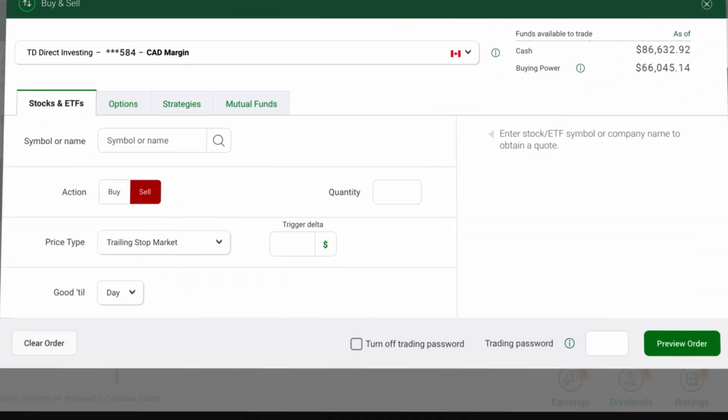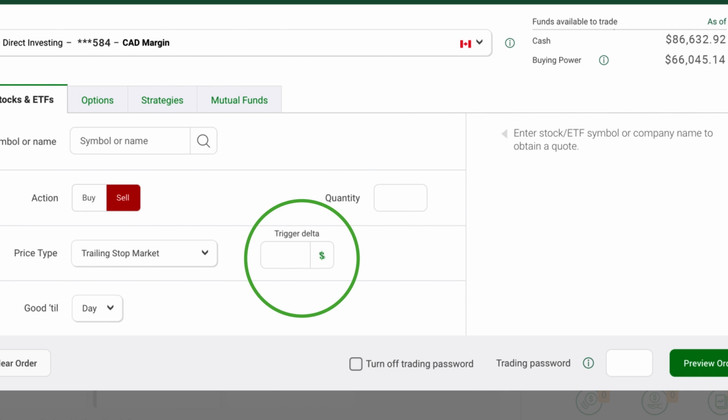In WebBroker, you may enter a delta in dollars or as a percentage. If you set a trailing stop delta at 5%, for example, then the order is triggered once the stock drops by 5% or more. As you can see, stops and trailing stops may provide more flexibility to manage orders. But like anything related to investing, it's important that you take time to understand how these order types work and that you're comfortable with the nuances.